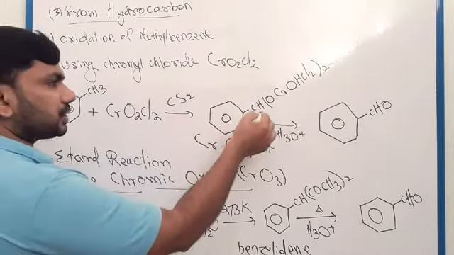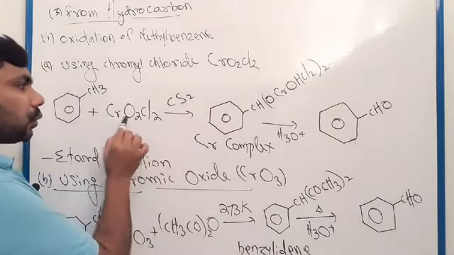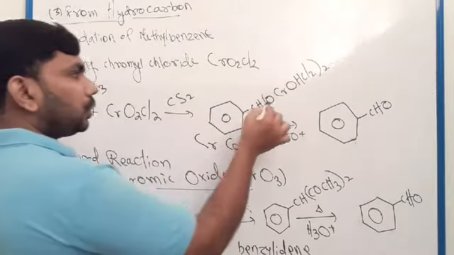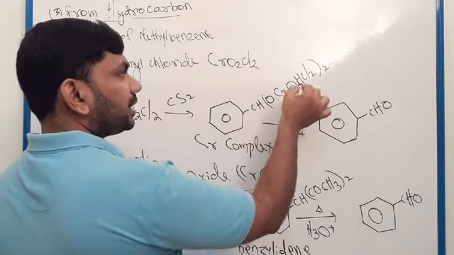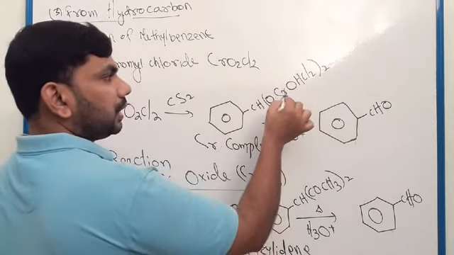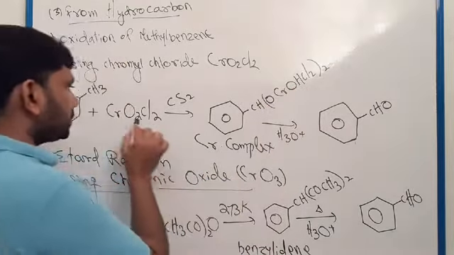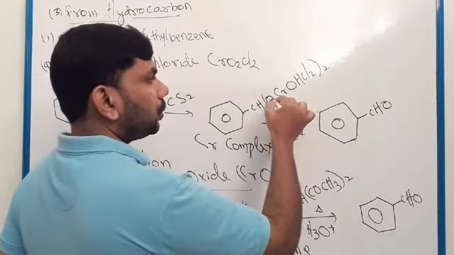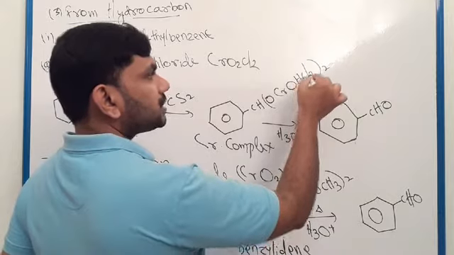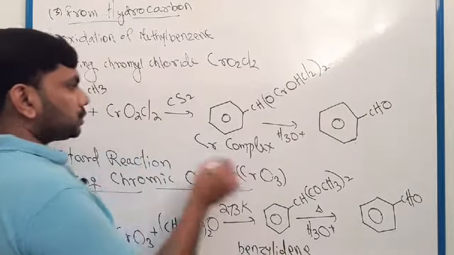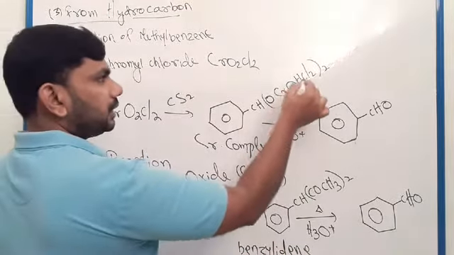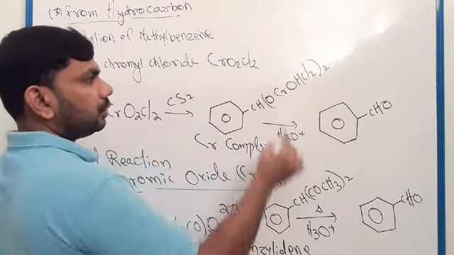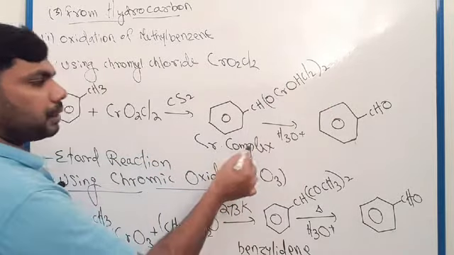Here it is CH, with OCrOHCl2 attached, similarly CrO2Cl2. Compared to this, here one hydrogen is replaced. This is the chromium complex.